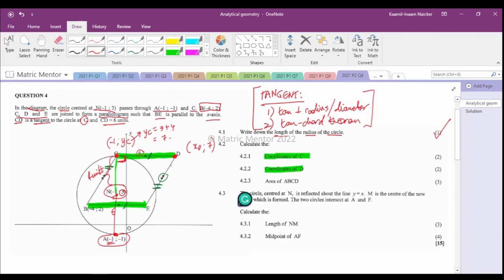And then, of course, you know that this is 6 units long, right? So if C is at minus 1, and I travel 6 units horizontally, I should end up at 5. Agree? Because I'm at minus 1, I travel 6 units across, and I should end up at 5.